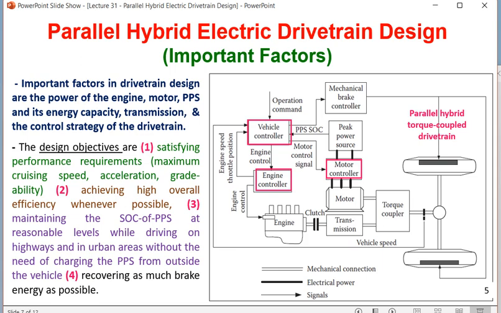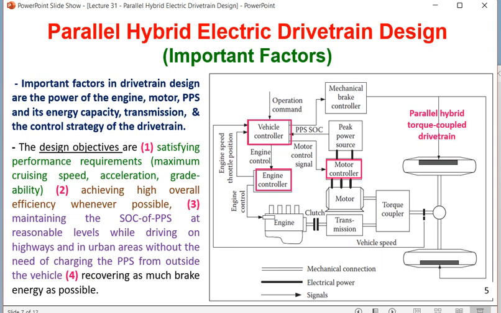So having highest distance covered with minimum possible energy usage, that is actually called as highest efficiency. This is one of the major targets of parallel hybrid electric drivetrain design. So in one charge of the battery, in one fill up of the engine, vehicle should go as long as possible.